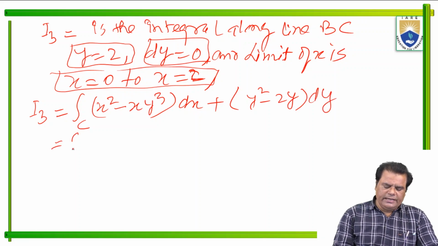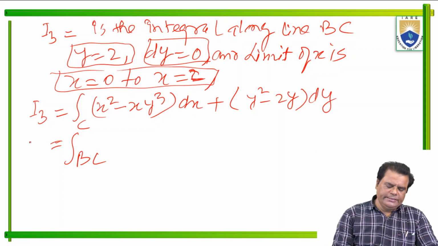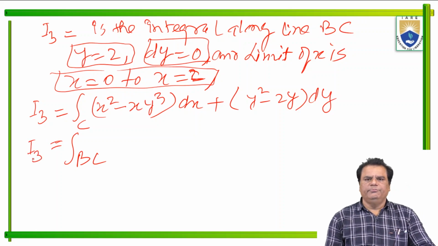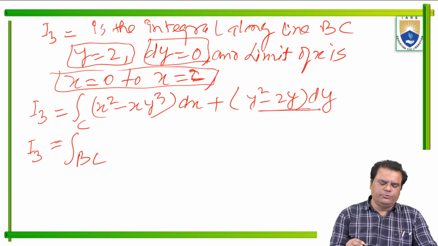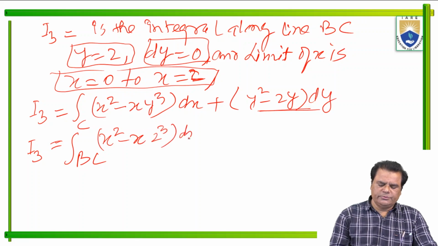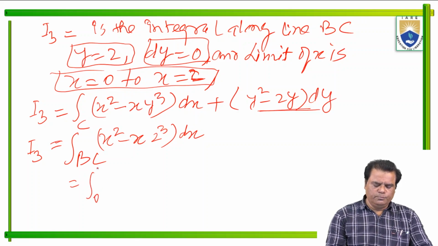Now integration along BC, I3. Here dy is 0, so this term is 0, and putting y equal to 2, we get x square minus x times 2 cube dx, limit of x from 0 to 2.